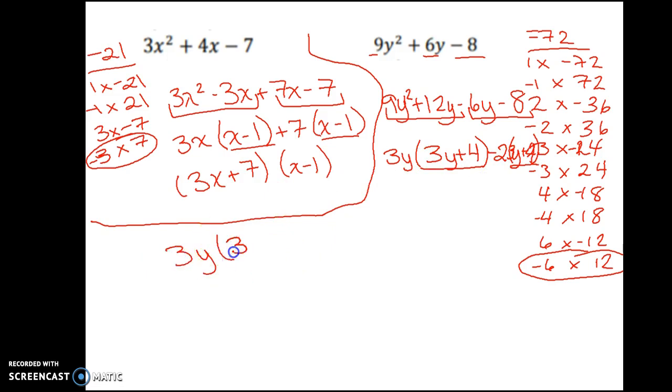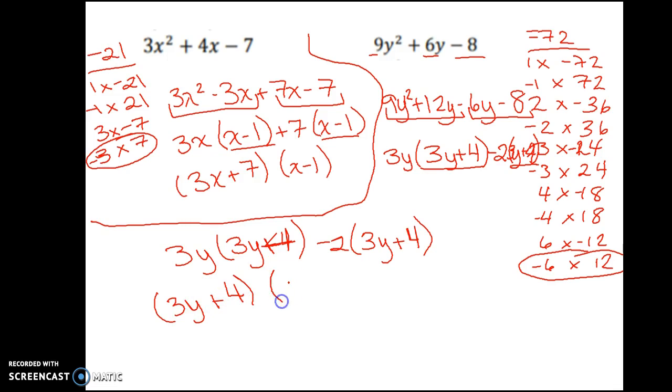So we've got 3y plus 4, and we've got minus 2, 3y plus 4. Okay, and again, I know that they match, so that means I've done it right. So in my brackets, I've got 3y plus 4, and I've got 3y minus 2. Okay.